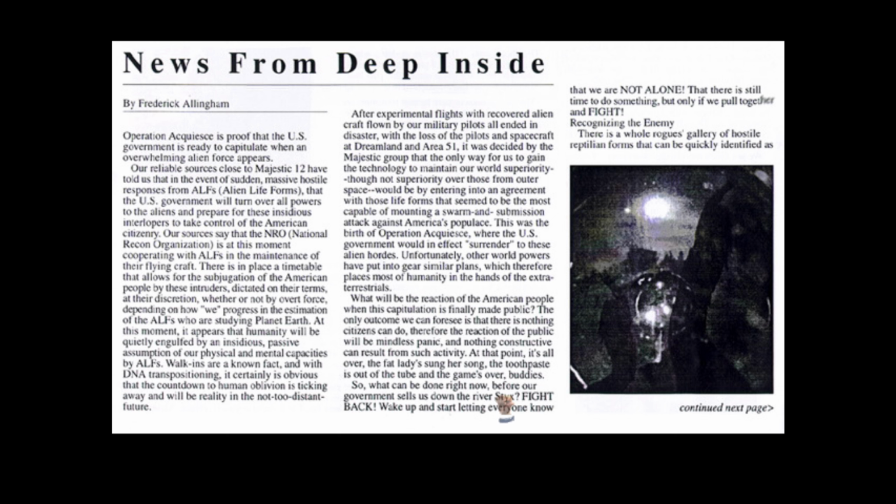What can be done now before your government sells us down the river Styx? Fight back. Wake up and start letting everyone know that we are not alone. There is still time to do something, but only if we pull together and fight. Recognize the enemy. There's a whole rogues gallery of hostile reptilian forces that can quickly identify it. Okay, we have reptilians.